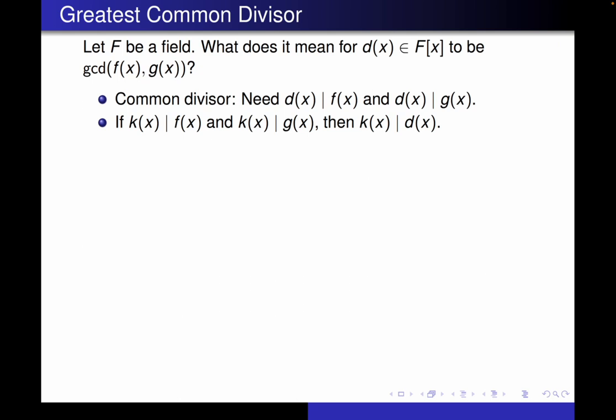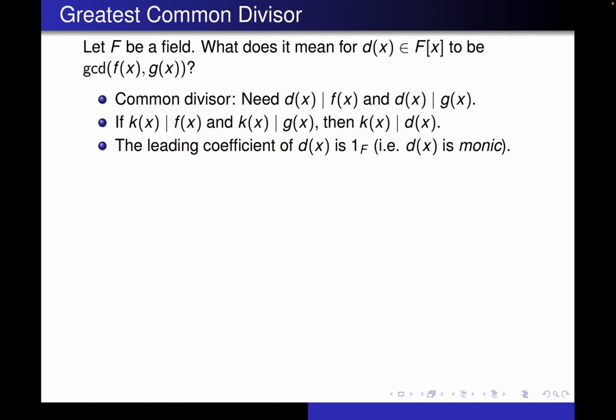That tells us that d of x is the greatest of all the common divisors because everything else divides into it. And finally, to make it unique, instead of saying it's positive, which makes no sense when we talk about polynomials, we're going to say that the leading coefficient is 1. A fancy word for that is we demand that d of x is monic.